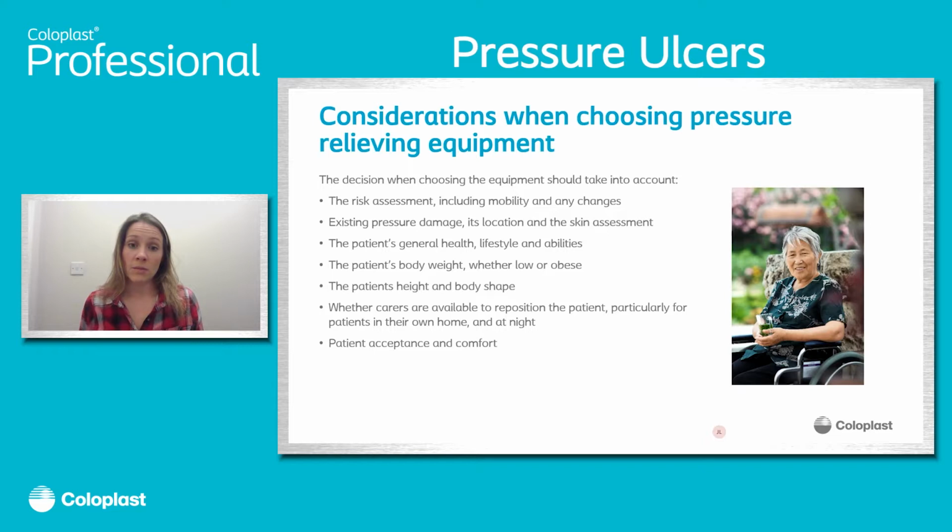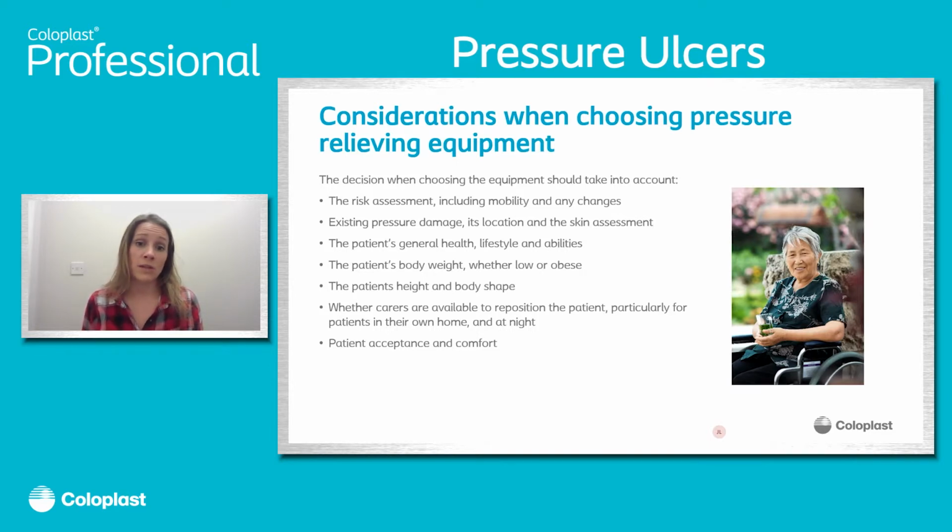Take into account somebody's body shape as well, because it might be that we need specialist services and occupational therapists involved in order to help support some of the equipment choices. And that could be with different types of pillows and support pillows and things like that. So each individual person should be assessed holistically and on a one-to-one basis.